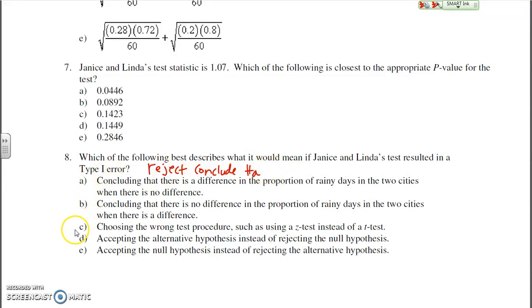We never want to say accepting the alternative or accepting the null hypothesis. In fact, we never, ever, ever accept the null hypothesis. So in this case, we're concluding there is a difference in the two cities when really there was no difference. So type A is the next question.